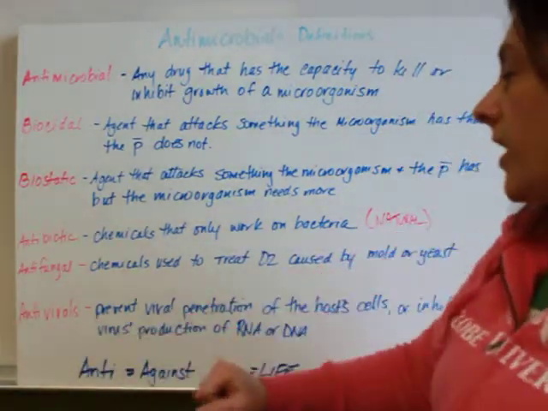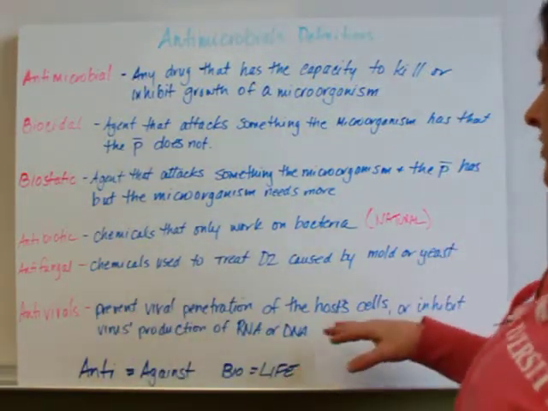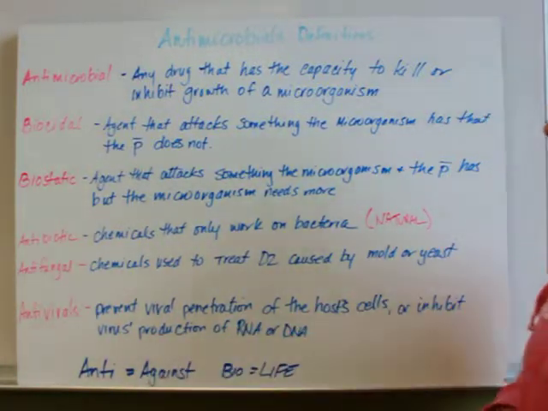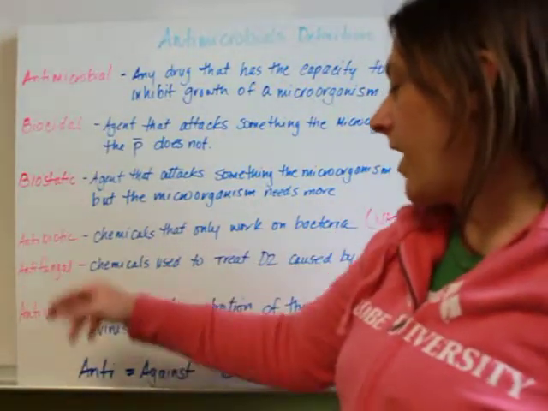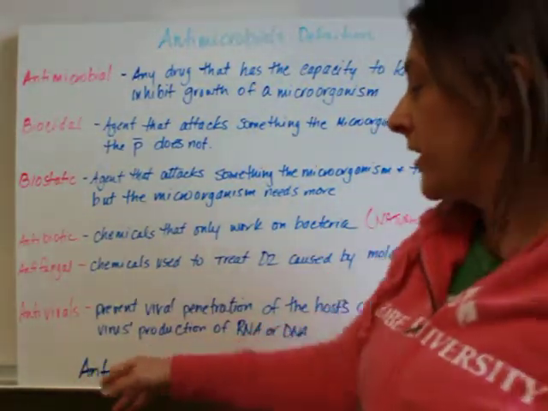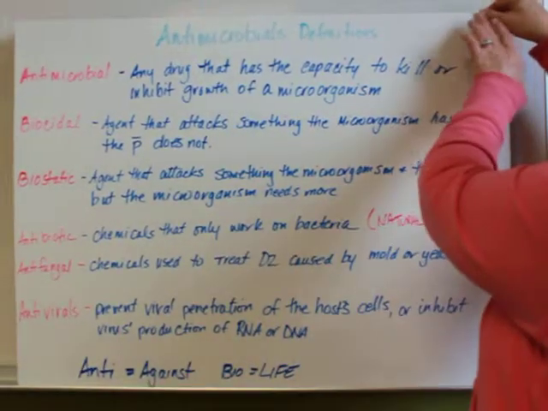Antivirals are drugs that are used to prevent viral penetration to the host cells, or inhibit the virus production of RNA and DNA. And just as a side note, antibiotic, anti is against and bio is life. So that's where antibiotic comes from, it's against life.